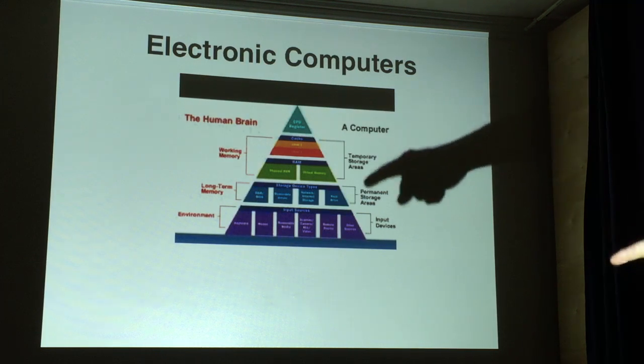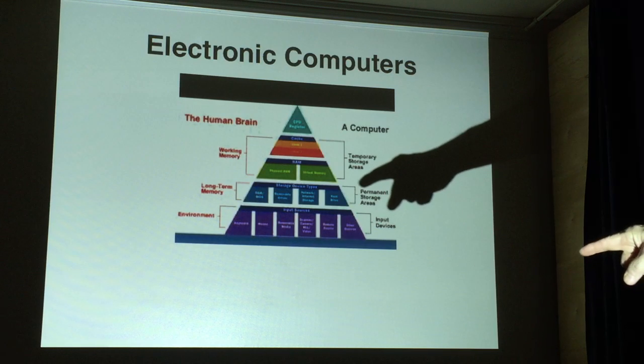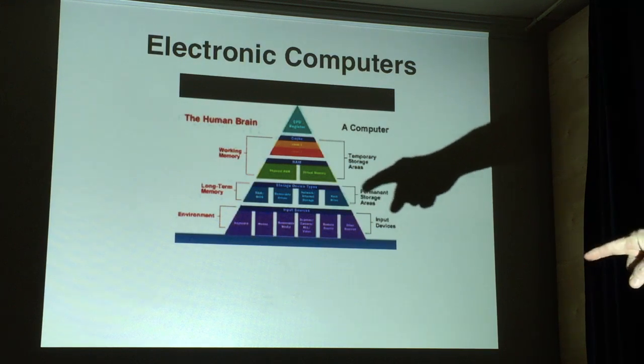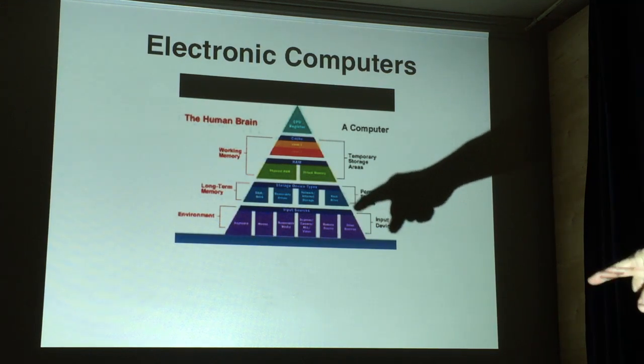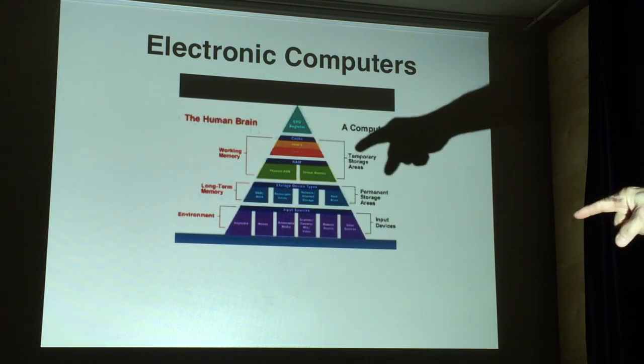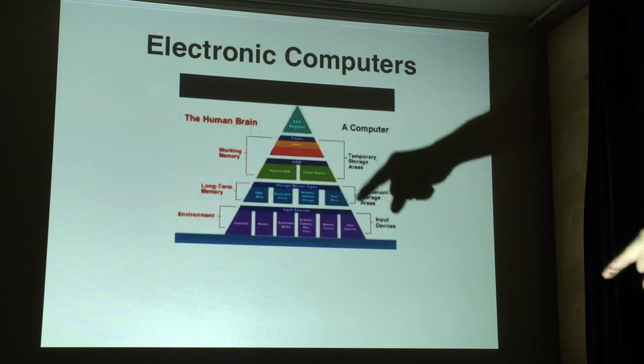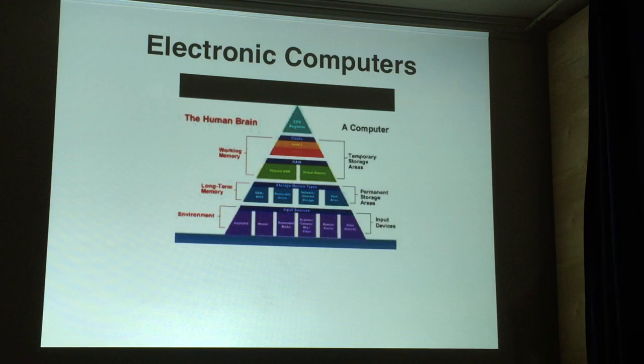So the computer can get data out of the mass storage or permanent memory and bring it into the temporary memory area for work. Then it erases that copy, not the original, and it'll bring something else in to do a different calculation. Obviously, all of this is happening at warp speed.